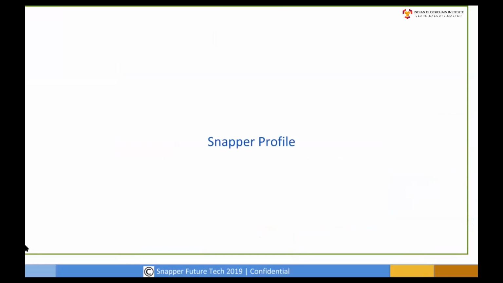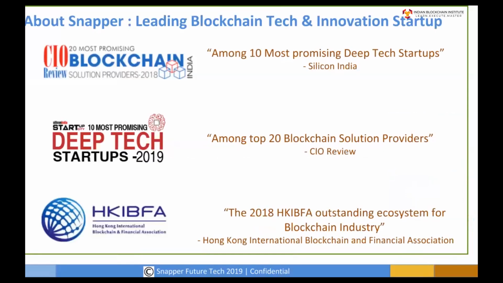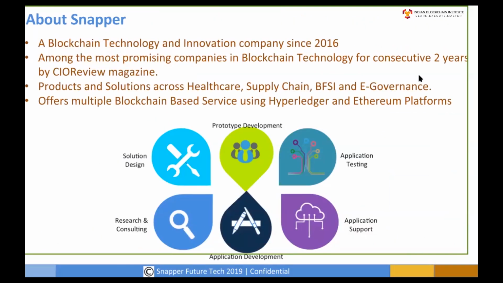Something about our company, which is Snapper Future Tech. Snapper is a leading blockchain technology company and innovation startup. We have been reviewed by CIO and Deep Tech, and awarded by the Hong Kong International Blockchain and Financial Association. We have been a blockchain technology and innovation company since 2016, so it's been around 4 years that we have been into blockchain.